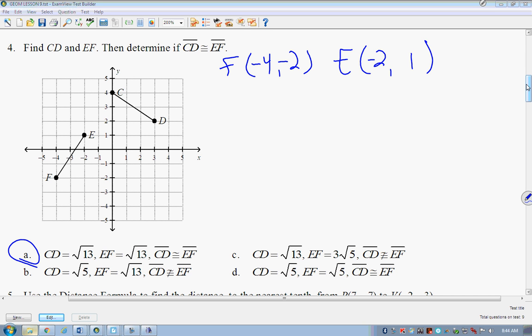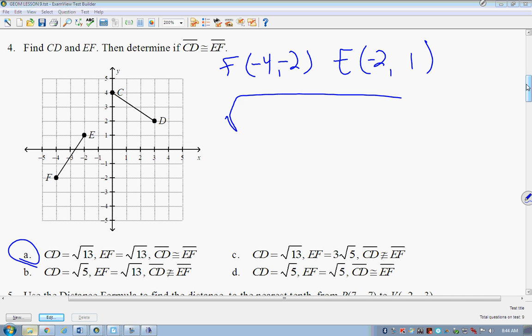Right? And now I have to plug those coordinates into the distance formula and go on down from there. The Pythagorean theorem doesn't require me to know the coordinate locations, just the distances of those legs of that right triangle. So do you see how in certain instances, not in all instances, the Pythagorean theorem will get you the same answer, as we'll see.